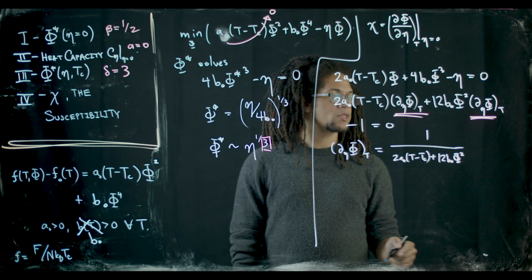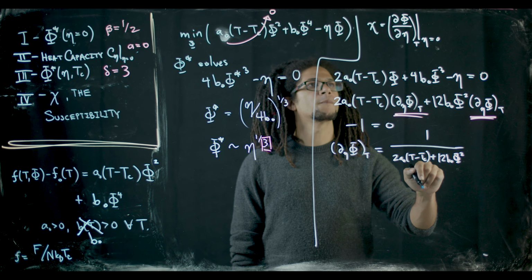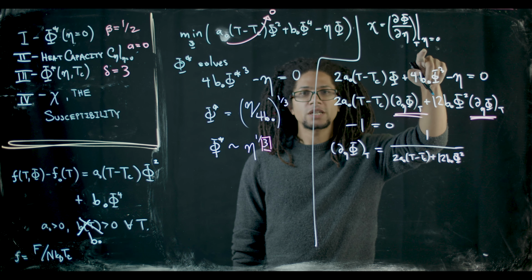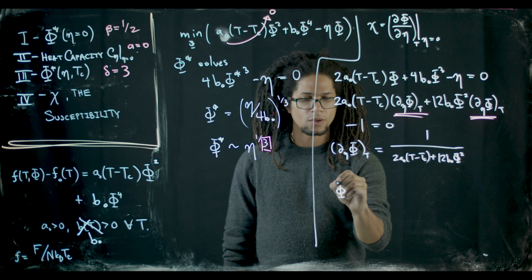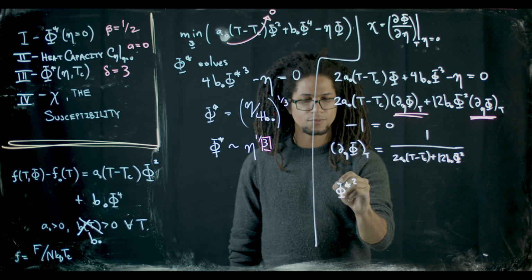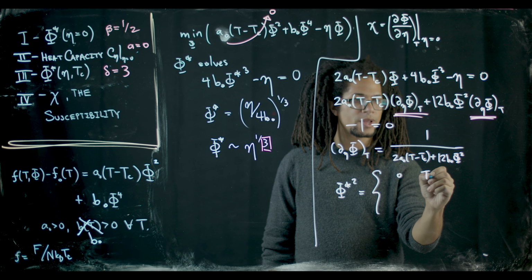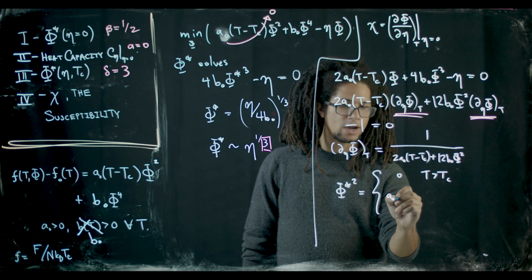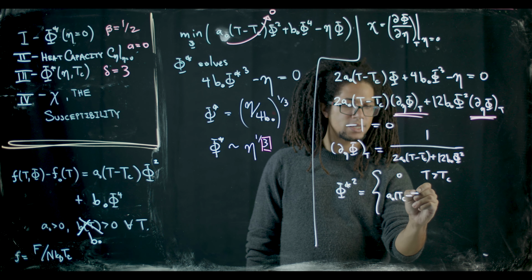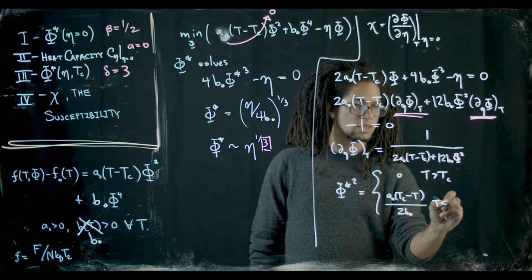Okay, now let's remember that the phi that's right here is really phi star. We want its square. And we're interested in the eta equals 0 case, but we've already solved for phi star squared at eta equals 0. Remember that this is 0 when t is greater than tc and is a naught times (tc minus t) over 2b naught when t is less than tc.